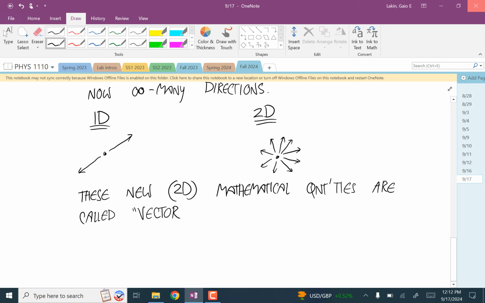And so before we get into doing calculations involving position, velocity, and acceleration, I just have to tell you about vectors and how to do math with vectors and how to interpret it. This is also what we're doing in lab this week. All of the class today and then all of the lab this week, we're just going to be trying to understand the idea of vectors.